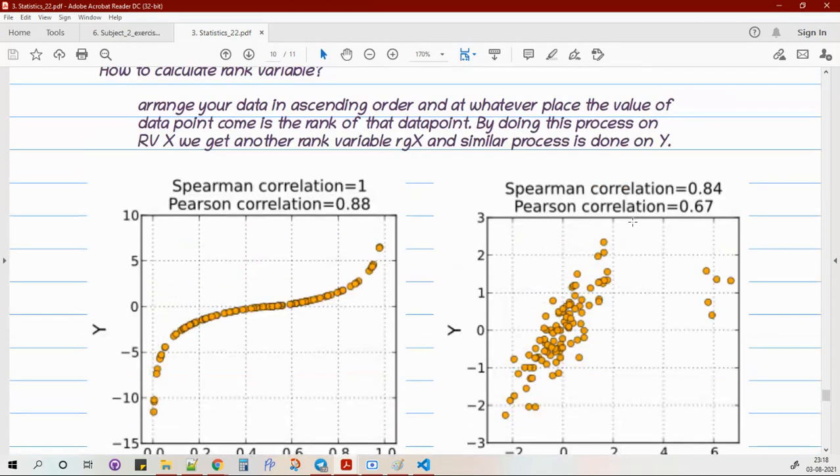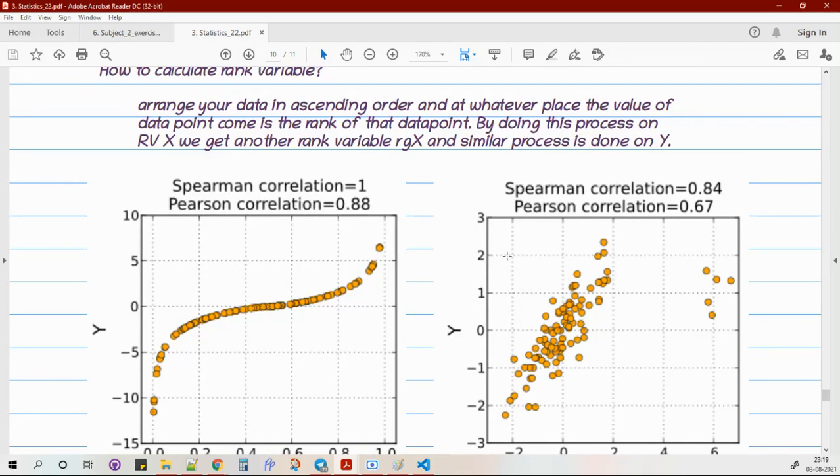And for this data, I have a bunch of outliers here, 5 outliers, and the PCC is very much impacted, 0.67, right? Because it will consider this much variance in the x direction and this much variance in the y direction.